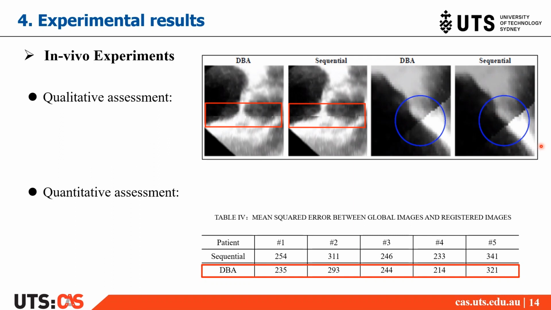In addition, mean-squared errors between global images and the registered images are calculated for all 5 in vivo datasets. Smaller mean-squared errors of the DBA method than the sequential method suggest that the result of the DBA method has better alignment. Thus, all these results indicate that the proposed DBA method outperforms the sequential method in terms of pose accuracy.